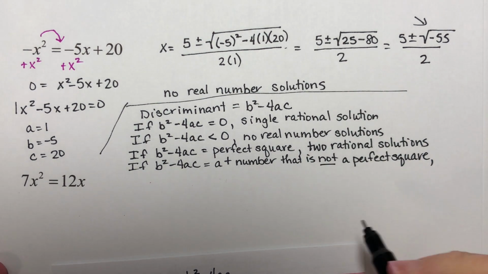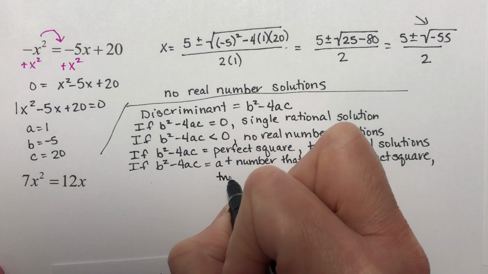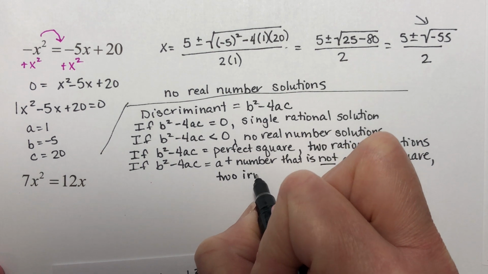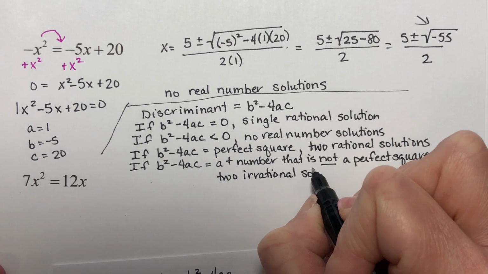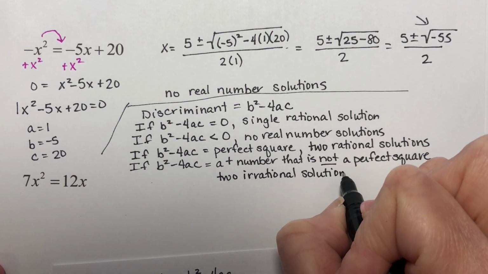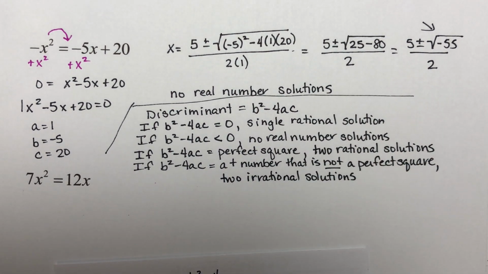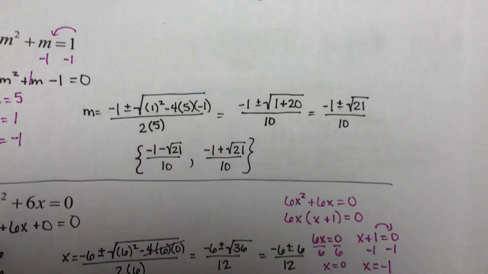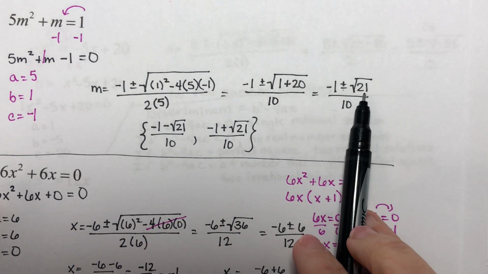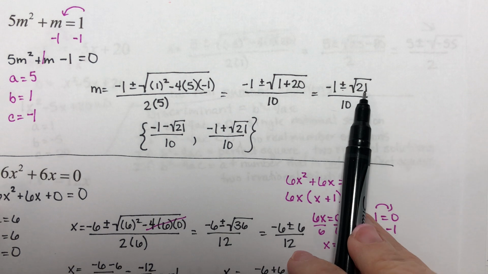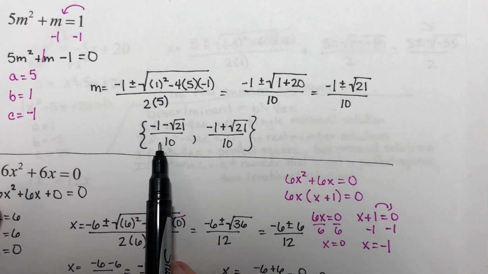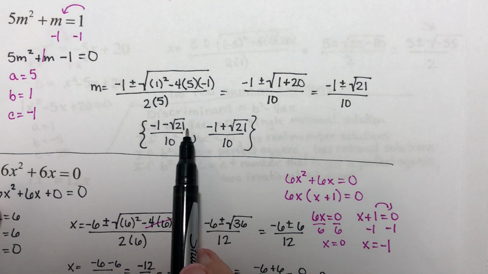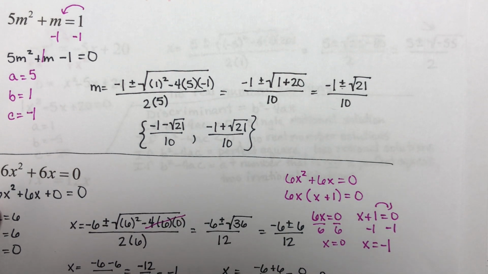If we have that, then we get 2 irrational solutions. An example of that was right here. Our discriminant was 21. That's not a perfect square, but it is a positive number. And we ended up with 2 answers that are irrational because they still have a square root in them.